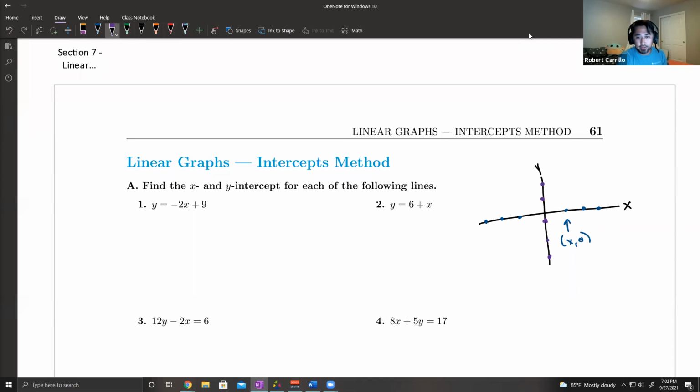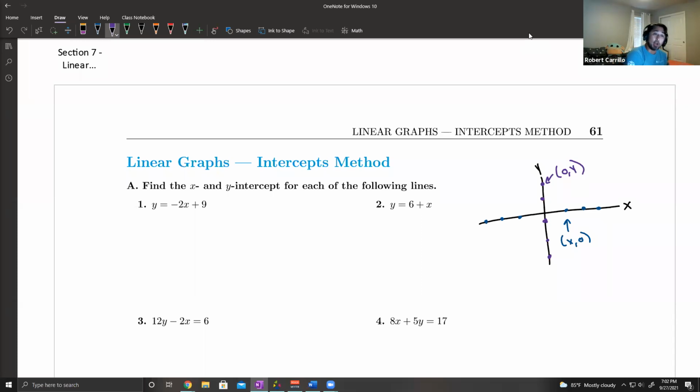And if you have a Y-intercept, then that coordinate will always be 0, comma, Y. So whenever you have a Y-intercept, the value of X is always 0, and you'll always have a value for Y. So X-intercepts on the X-axis, Y-intercepts on the Y-axis.